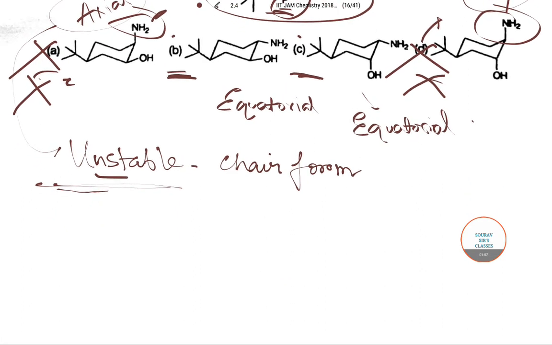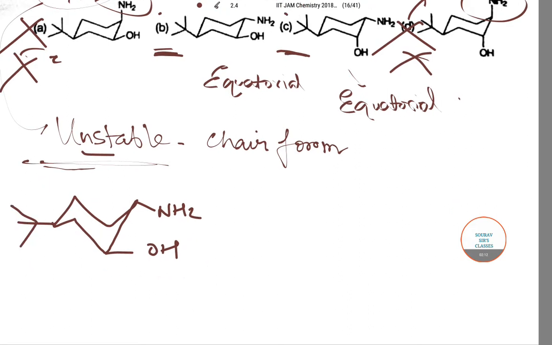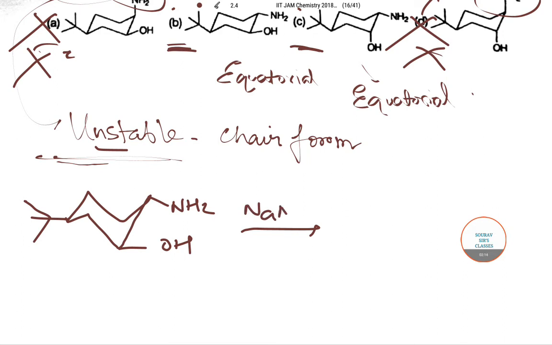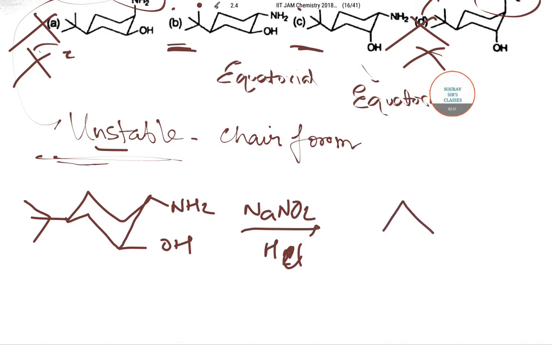Now starting with option B, this is the compound we have. There's an NH2 in equatorial position, and there's an OH here. Upon reaction with NaNO2 and HCl, we know that this will give us a compound with an N triple bond N present here and a plus charge over here.